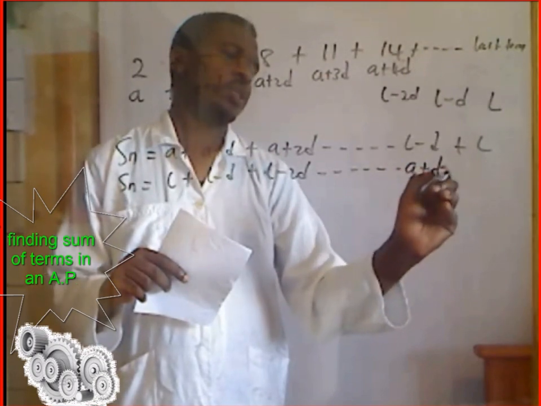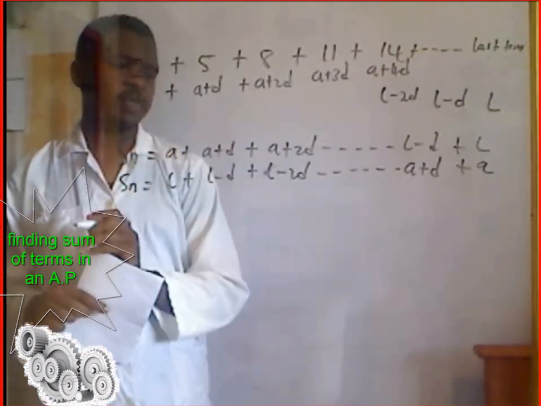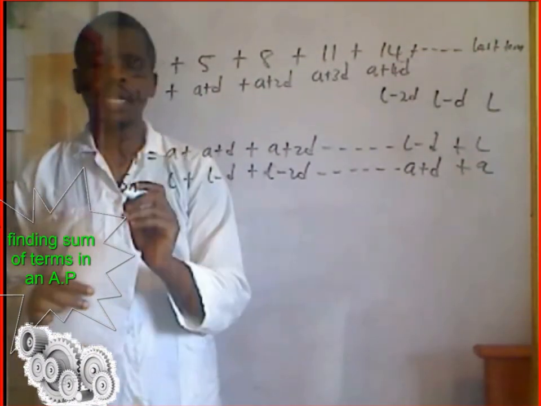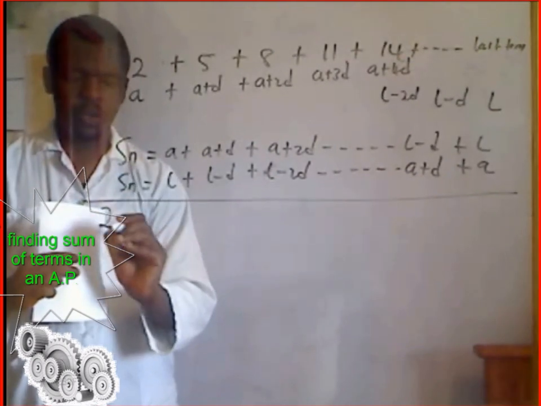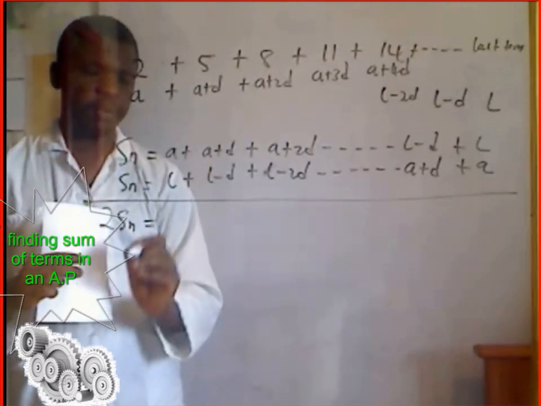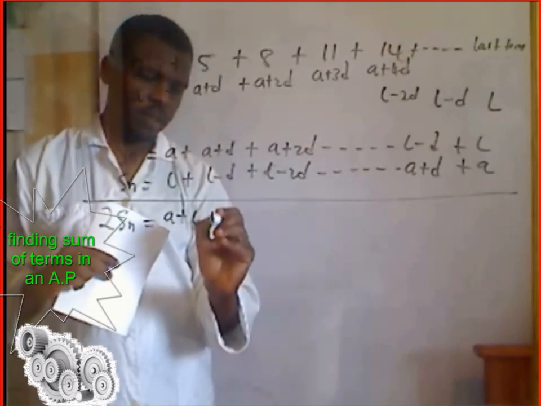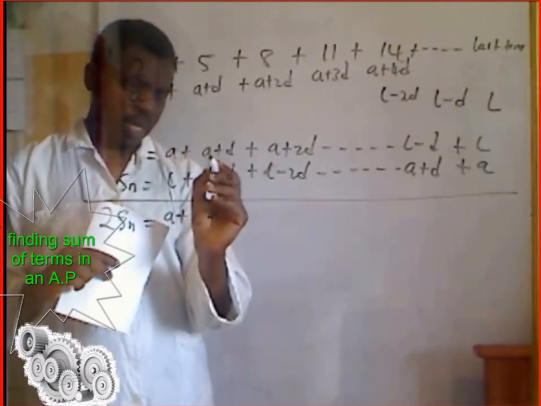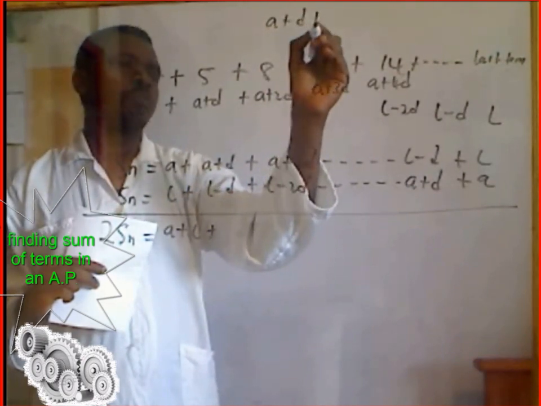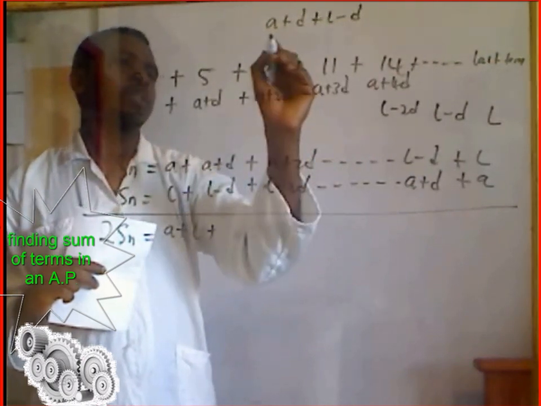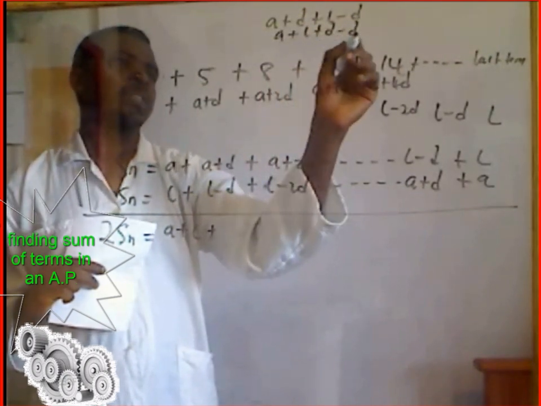up to A plus D plus A. Now, if I sum all of this, adding 1 and 2, this will give me 2 Sn is equal to A plus L plus A plus D plus L minus D. So I rearrange: this is A plus L, plus D minus D is 0.